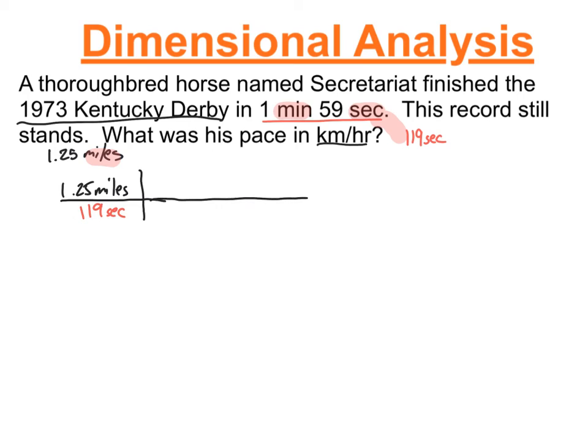Okay, so I'm going to go ahead and try it here, and if I look at my conversion chart, I can see that in 1 kilometer there is 0.621371192 miles. And so then do I put that as 1 kilometer over the miles, or do I put the miles over the kilometer? Realizing that miles is there in the numerator, I then must put miles in the denominator.